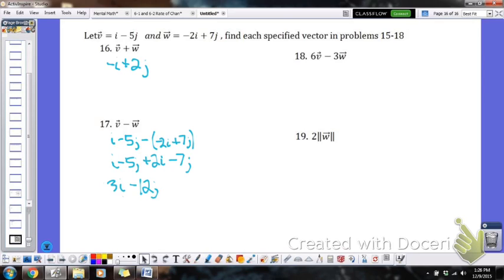So 6 times vector v is 6i minus 30j. Then I'll do minus 3 times vector w, which is negative 6i plus 21j.